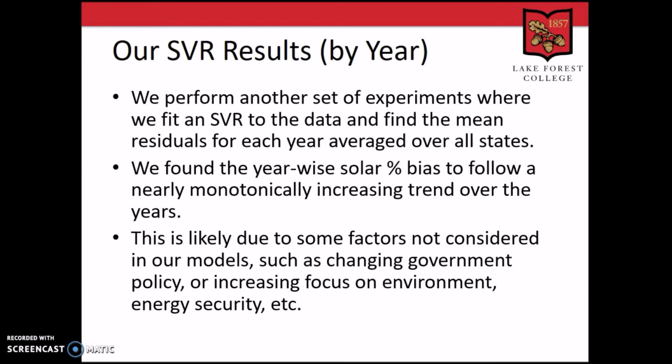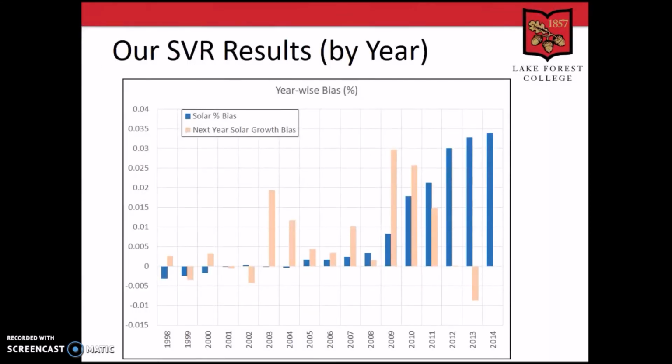So which means the solar percent increased over the years, and every year the solar percent for every state was better than predicted, and this is likely due to some factors. So you can see the graph here, and this is probably due to some factors that we did not consider in our experiments, such as changing government policy or growing awareness about environment, reducing cost of solar installations, etc.